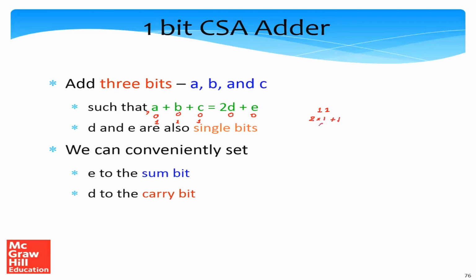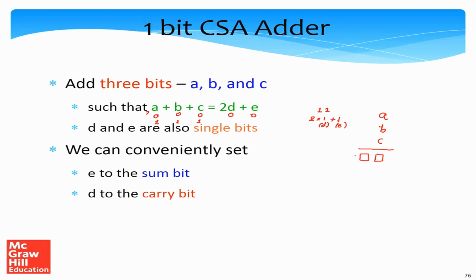So in this case, D is 1 and E is 1. If we add A plus B plus C, since we are adding three 1-bit numbers, the potential output can be a 2-bit number as we just saw in this case.